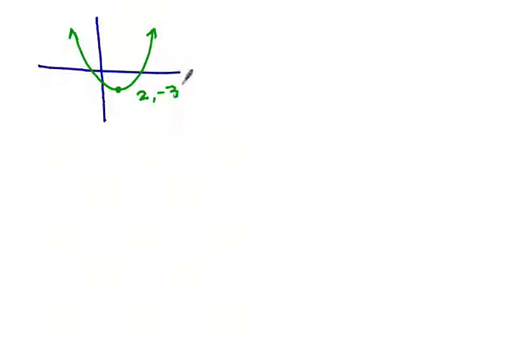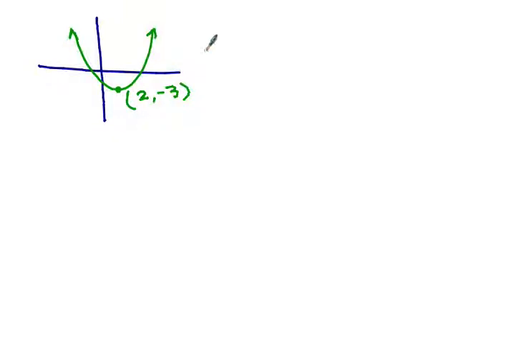So the first one you'll see is I'll give you a function, let's say it looks something like that. And that point is (2, negative 3). You would be able to take a look at that and tell me exactly what the equation is based on the vertical and horizontal shifts.